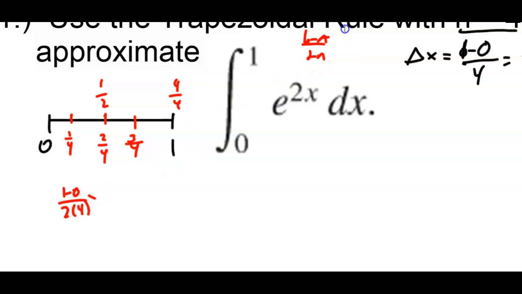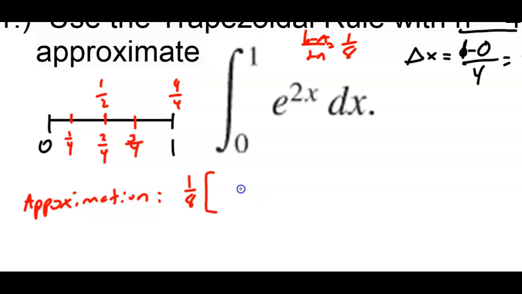So now when I find this approximation, I'm going to evaluate this whole thing as 1/8 times, and remember that pattern where it was 1, 2, 2, 2, 2, 2.